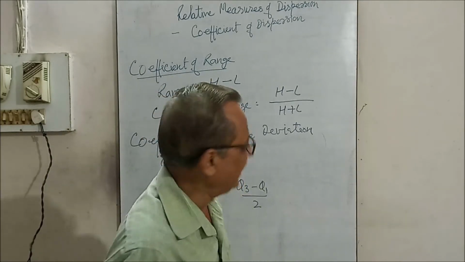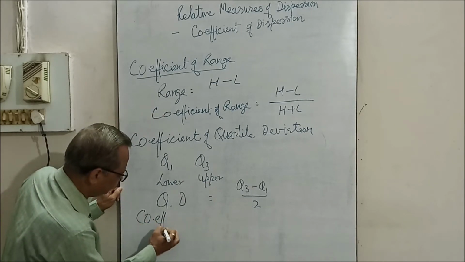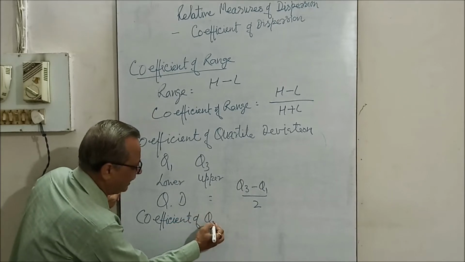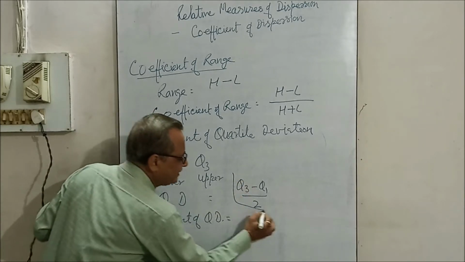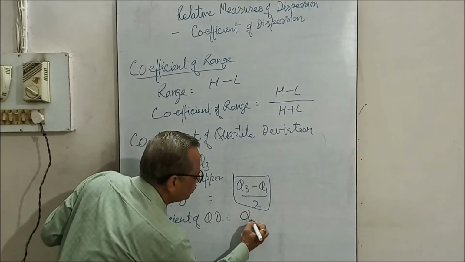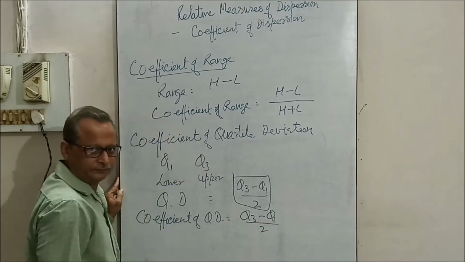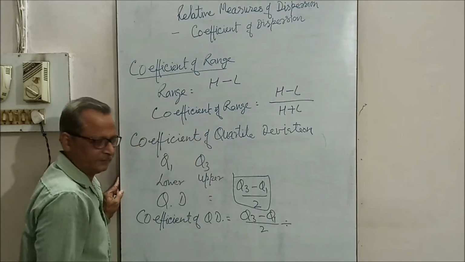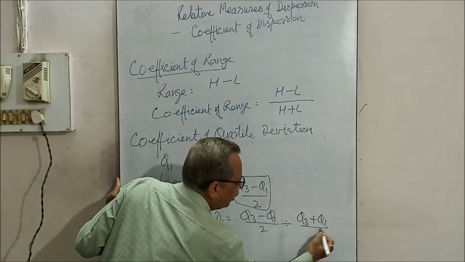Now see, to find the coefficient of quartile deviation. The absolute measure is Q3 minus Q1 upon 2, and then divided by Q3 plus Q1 upon 2.